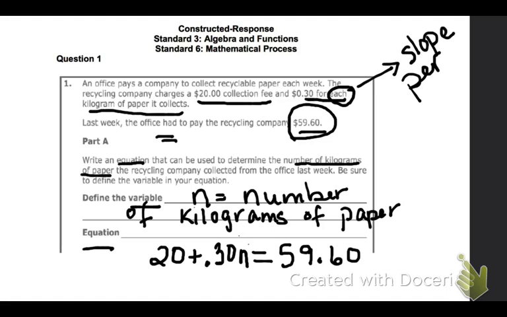So for example, one answer that some teachers have seen is 59.6 equals 20 plus 0.3 n. It's a good answer too. So you have some different choices there. Okay, we're going to go on and read part B.